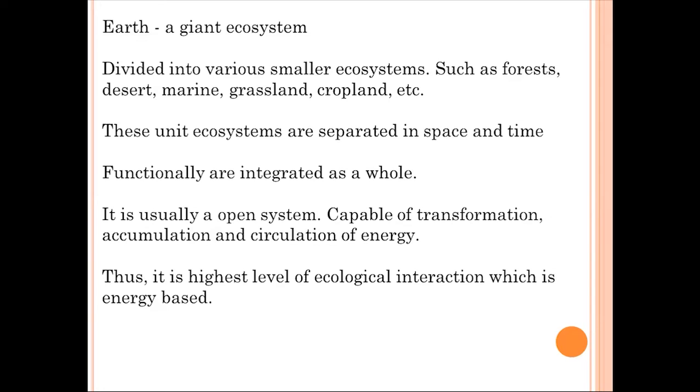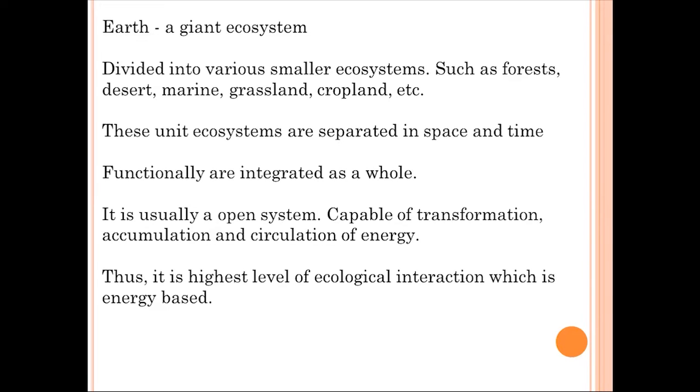Plants, when they fix sunlight, convert it into chemical energy with the help of chlorophyll, and several compounds are formed. So, the ecosystem should be capable of transformation, accumulation, and circulation of energy.